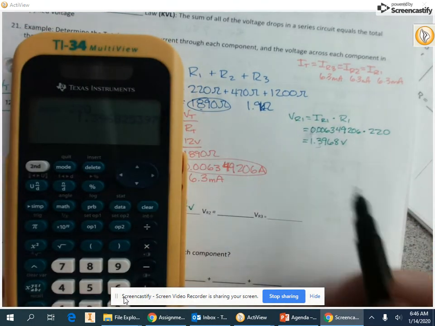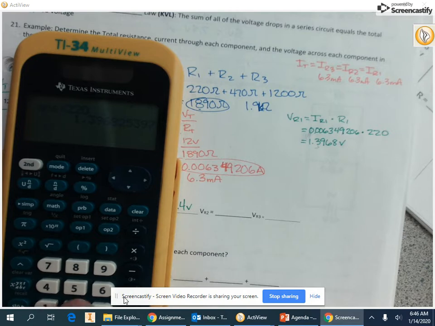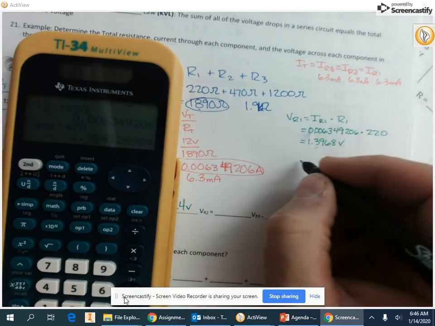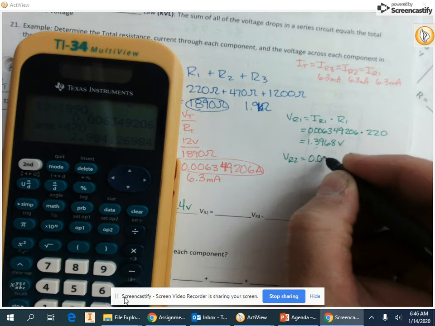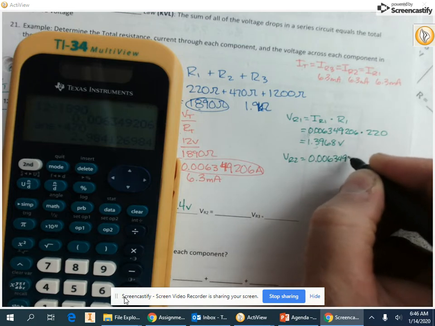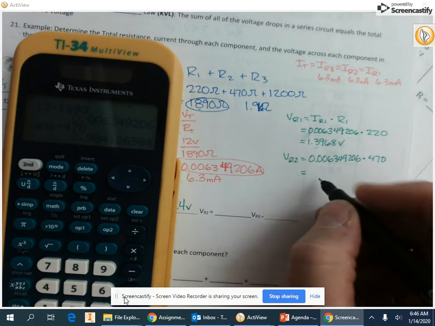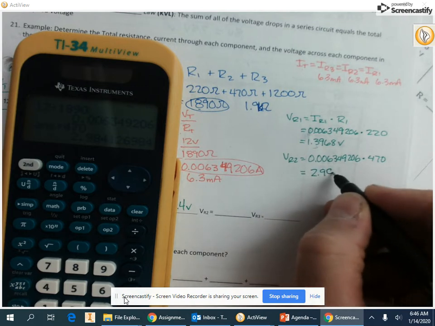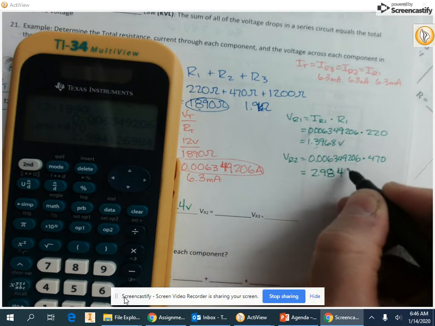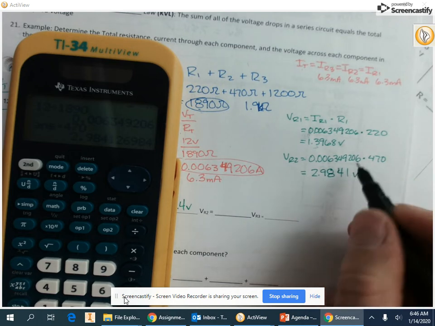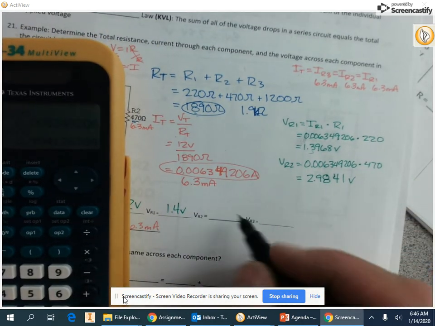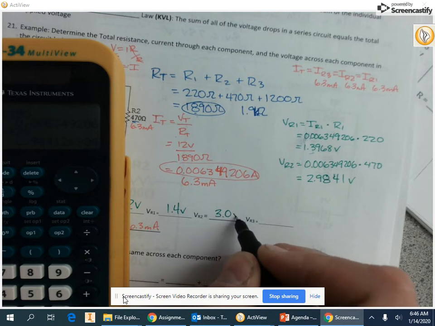Then we repeat it: 12 divided by 1890 times 470 is VR2. 0.006349206 times 470 gave me 2.9841 volts, so we'll call that 3.0 volts.